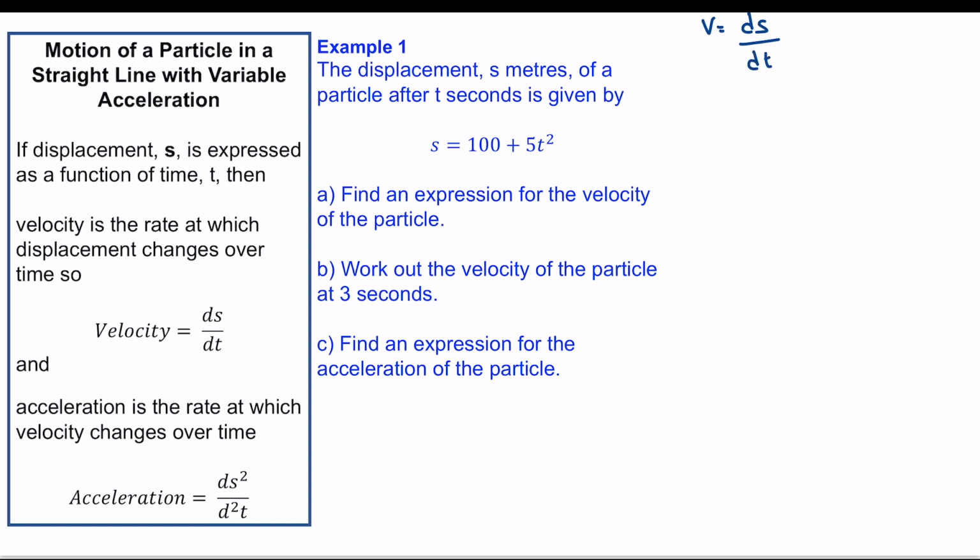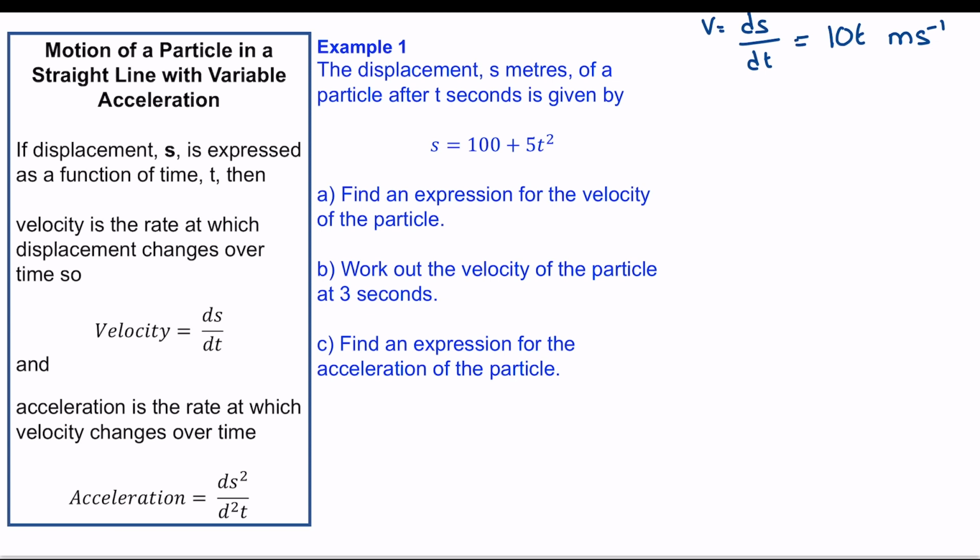So this is the first derivative, ds by dt, of this function. When we differentiate this, the 100 is a constant, so this will go, and then the 5 times the 2 will make 10, and we'll take away 1 from this power. So this will become 10t, and this is in meters per second.